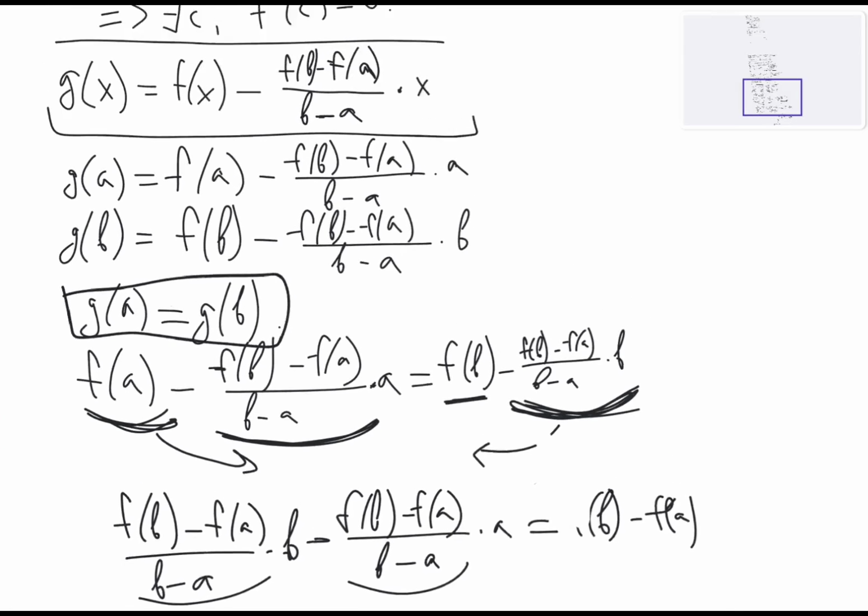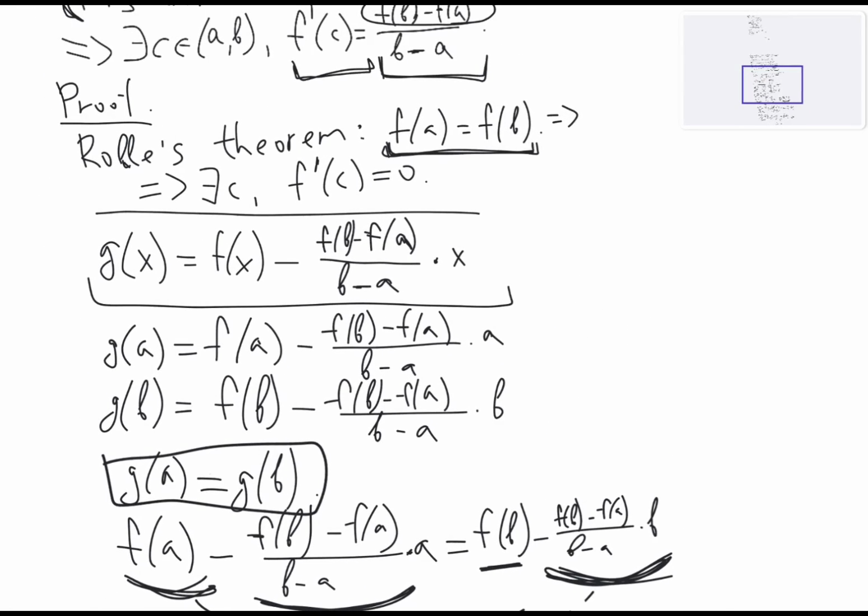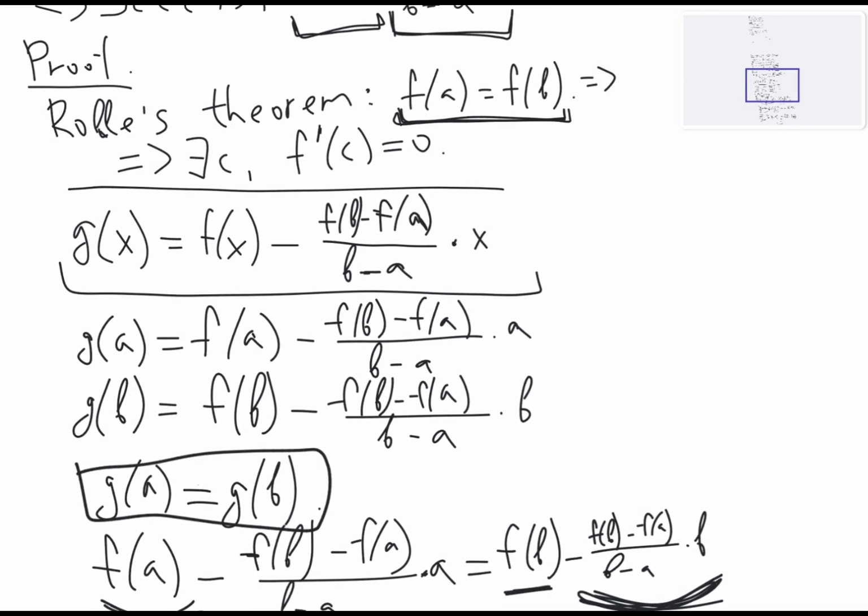The function g is also continuous and differentiable, because when we add this term, it doesn't violate continuity and differentiability. This term is itself continuous because it's a linear function. It's trivial to prove that it's continuous and differentiable, and we know that the sum of two continuous functions is continuous, and the sum of two differentiable functions is differentiable.